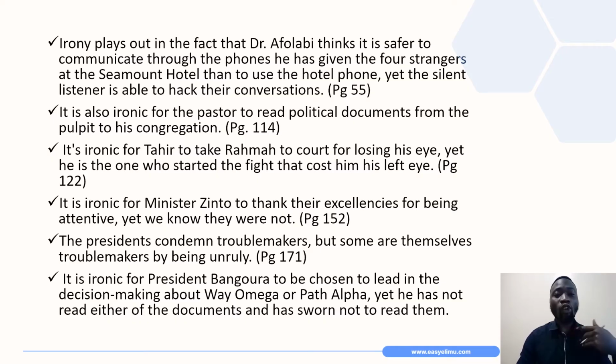But now when you introduce political matters on the pulpit to your congregation, that now becomes very ironical.